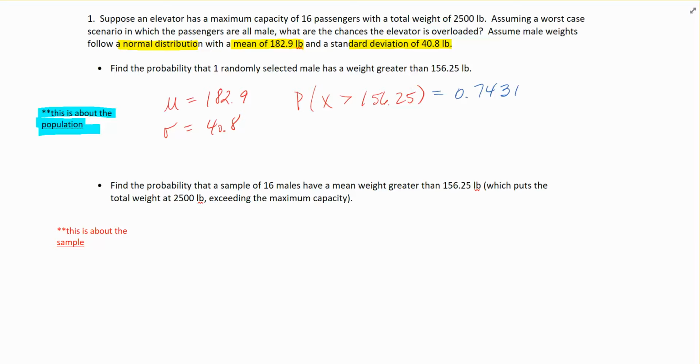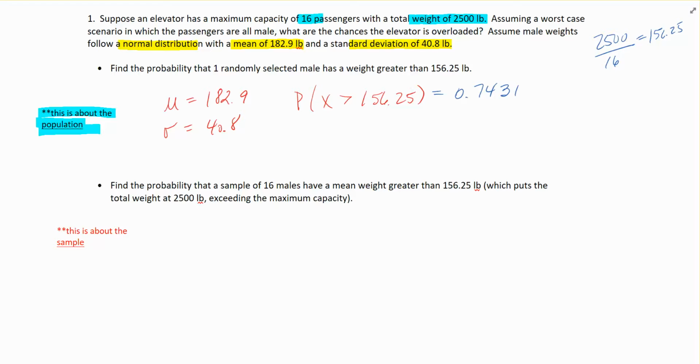And if you're wondering where on earth this 156.25 came from, it comes from the fact that the total weight for my elevator is 2,500 pounds and the maximum number of people is 16 passengers, so 2,500 divided by 16 is 156.25. That's where that comes from.